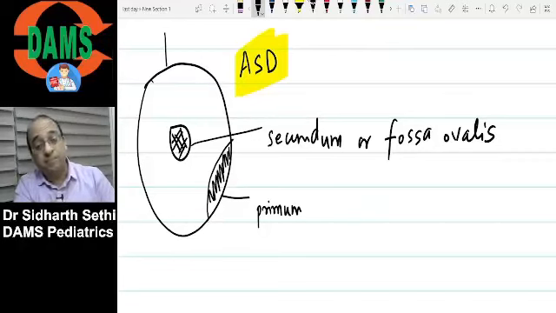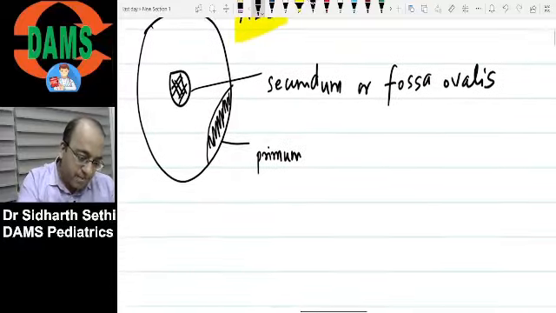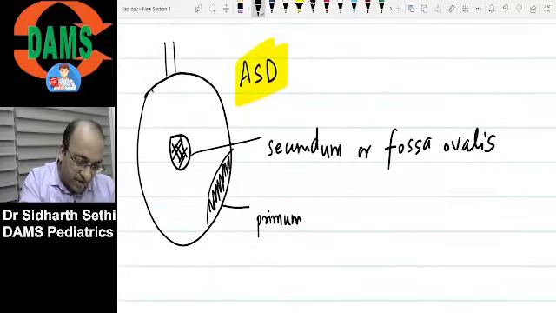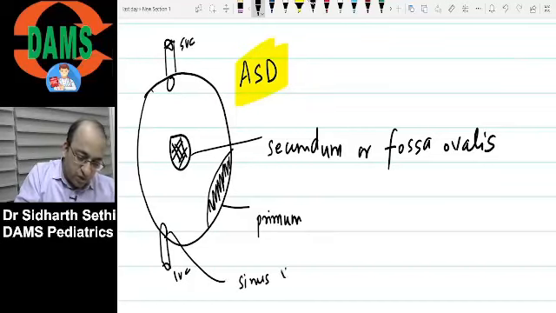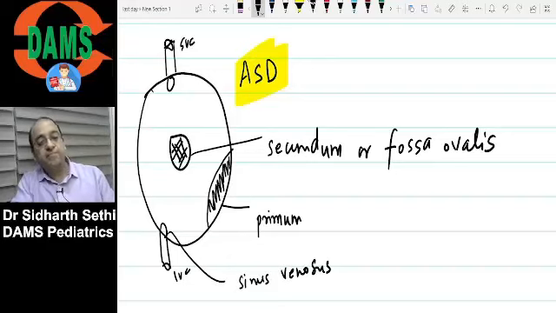On your screen is the atrial septum, and on the top is the superior vena cava joining here, inferior vena cava joining here. At the sites of insertion of superior vena cava and inferior vena cava is sinus venosus ASD. Secundum, primum, sinus venosus.